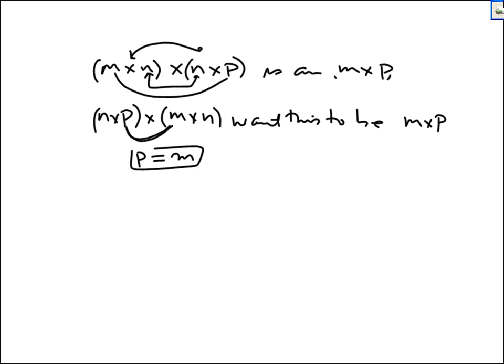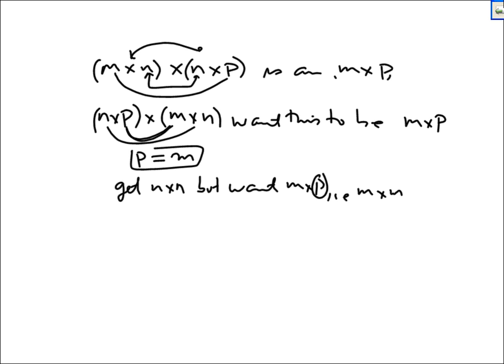Okay? Now, we get n by n. But again, we want m by p. That is m by m. Why m by m? Because p is m.